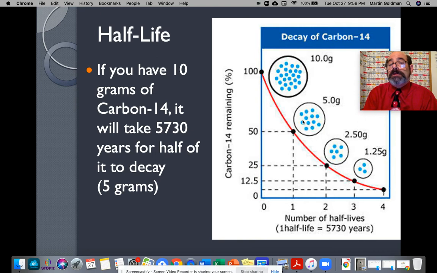You start off with a certain amount of carbon-14, and after a certain amount of time, depending on where you are in this graph, you can tell how many years it is based on the number of half-lives. It's amazing. Great for archaeology, finding out how old bones are. Very cool. Next.